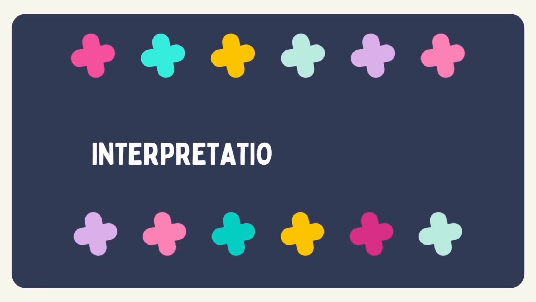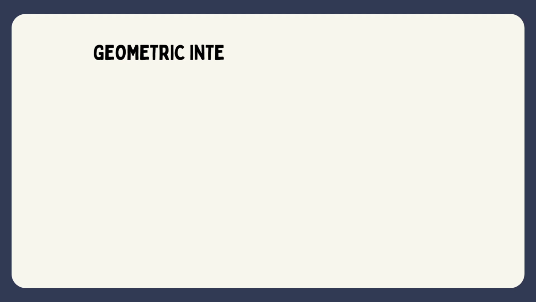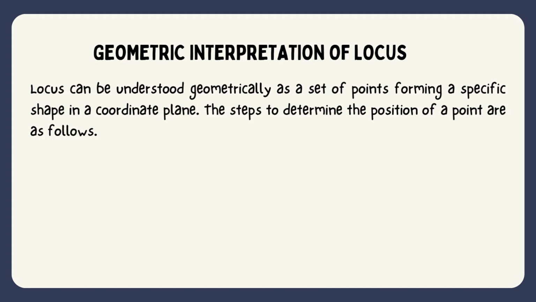So, the next material is about interpretation of locus. Geometric interpretation of locus. Locus can be understood geometrically as a set of points forming a specific shape in a coordinate plane. The steps to determine the position of a point are as follows.